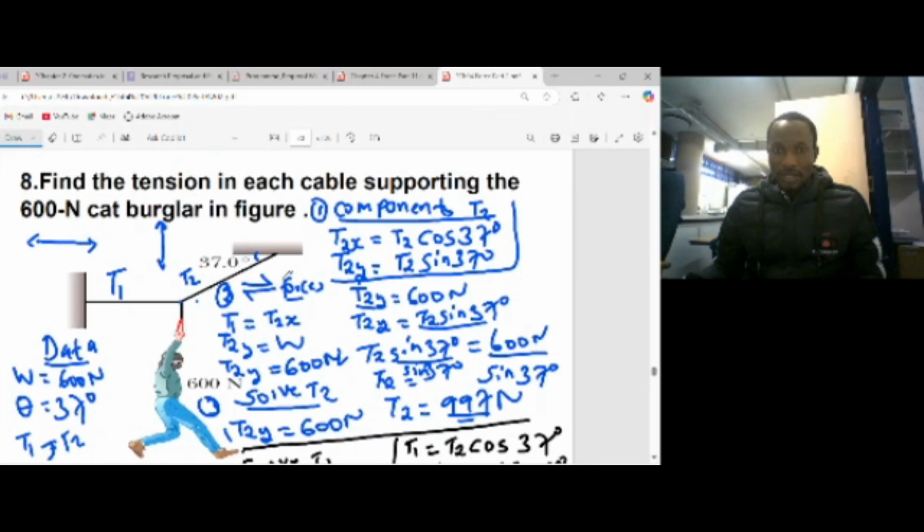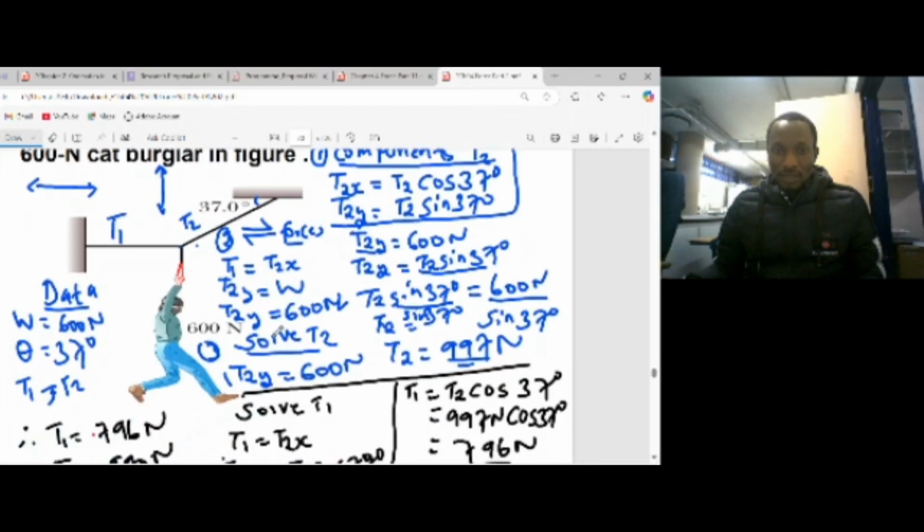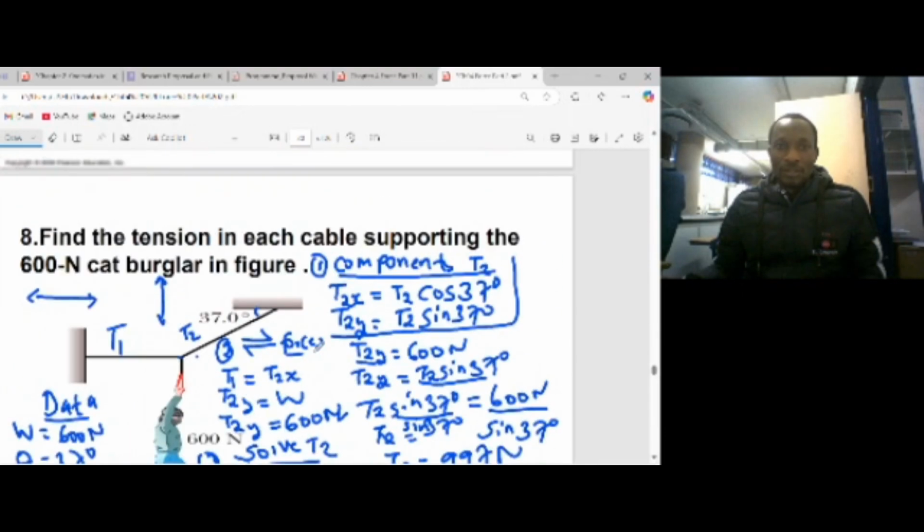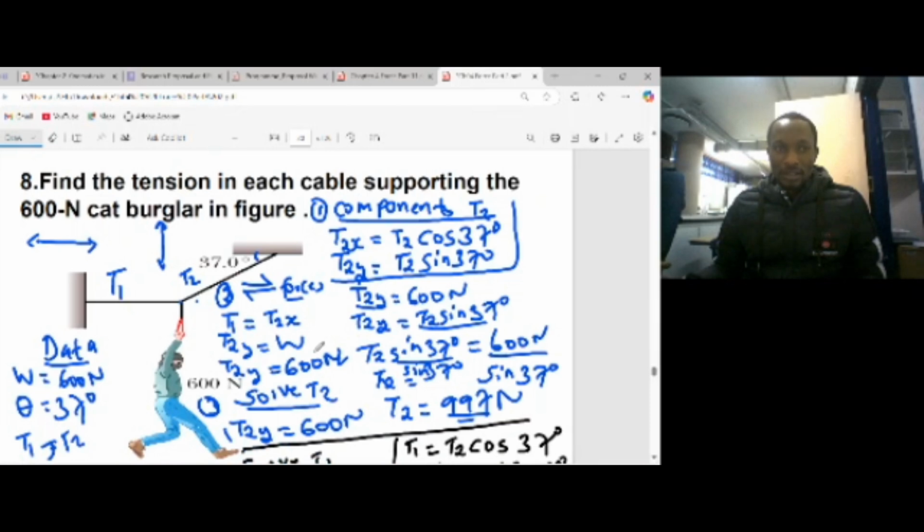After that, you write the equilibrium forces, all the forces which are at equilibrium, and from there it's much easier to solve for T2, and then you solve for T1. So I hope this helps. If you are having challenges solving such a question, I hope this now helps you.